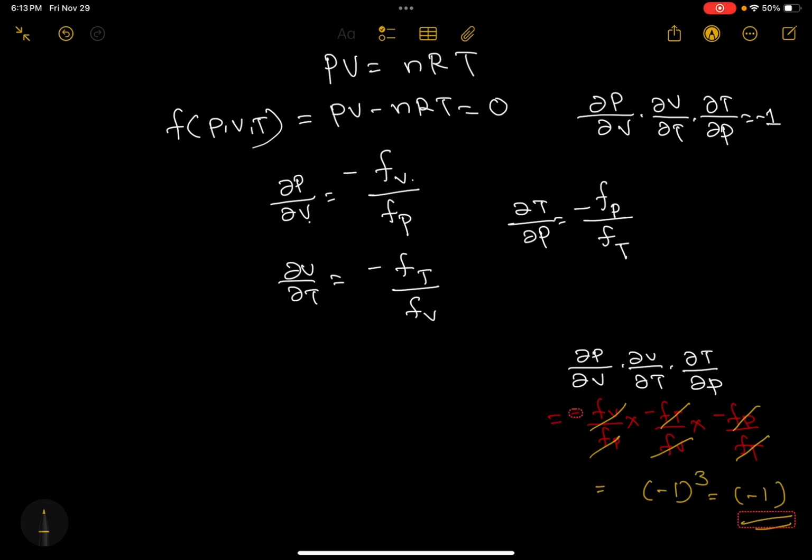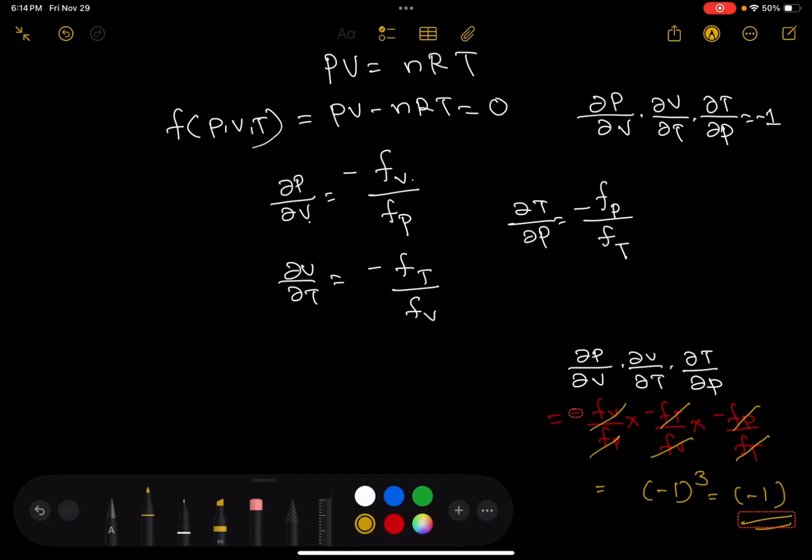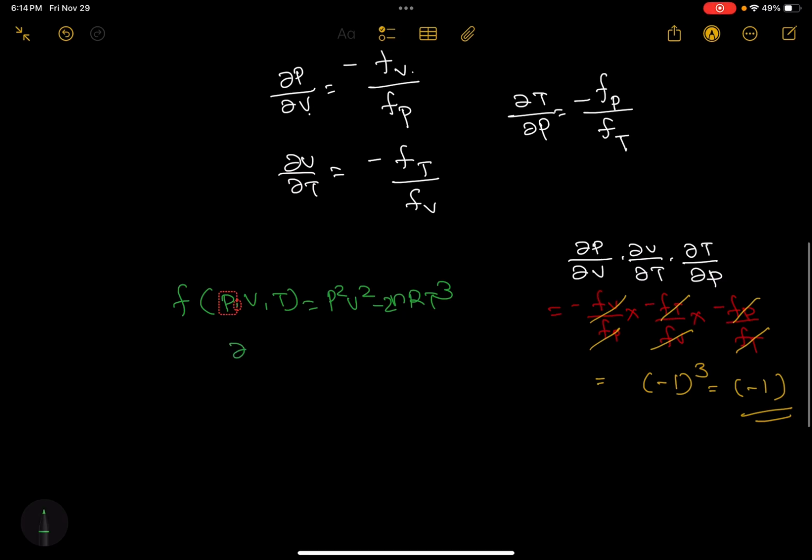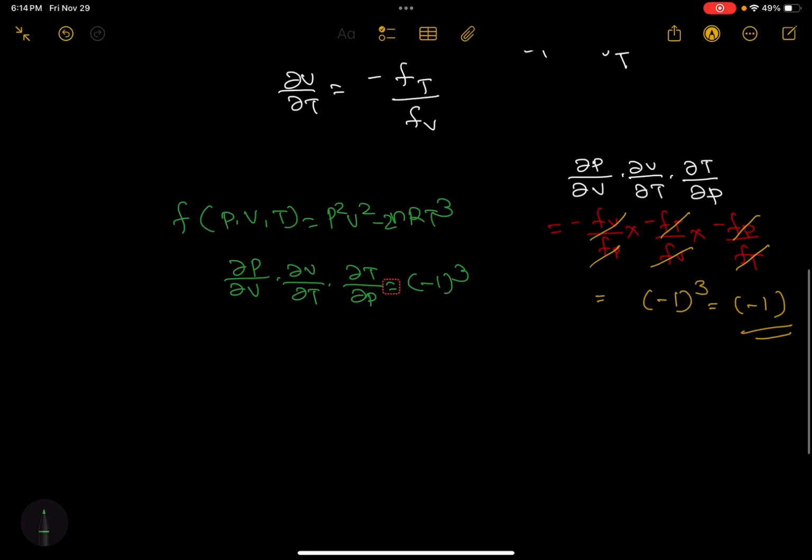Even if the function was not PV = nRT, even if the function was something like P squared V squared minus, let's say, 2nRT cubed, it would still hold true. Partial P by partial V, partial V by partial T, partial T by partial P would still be negative 1 cubed. And not just this.